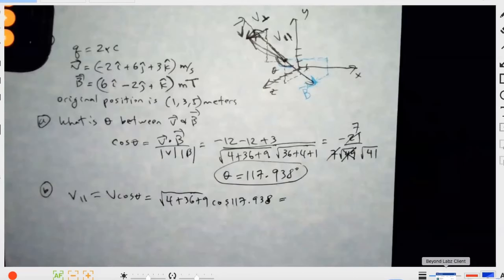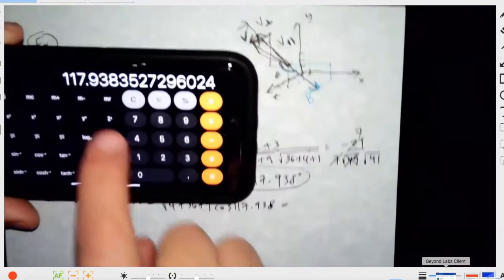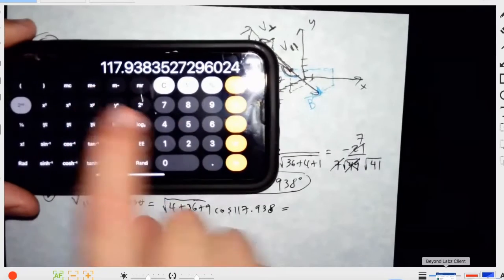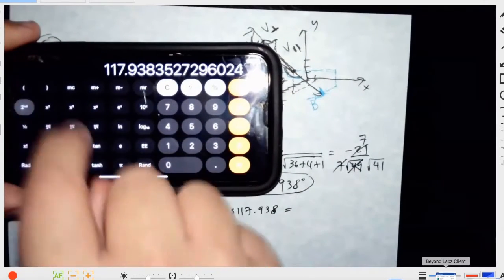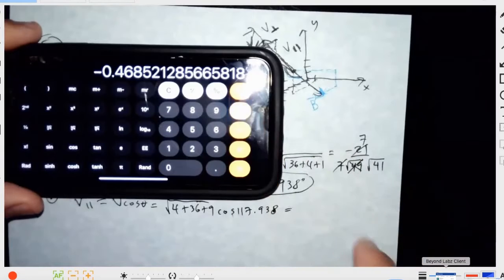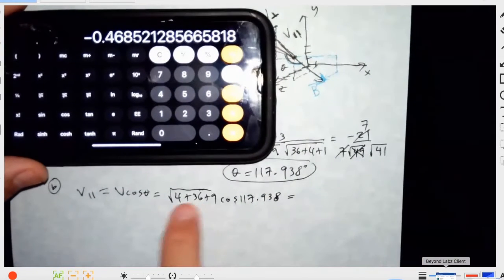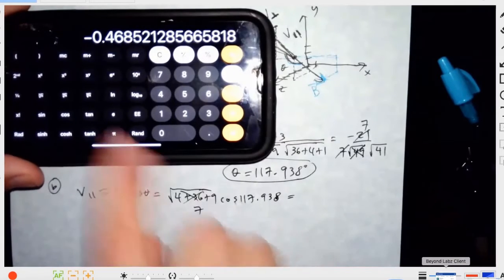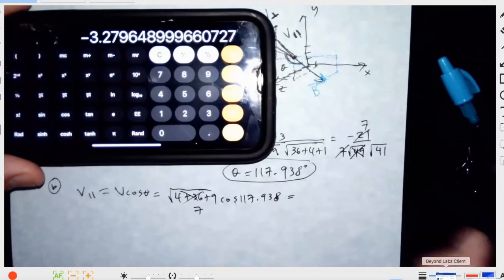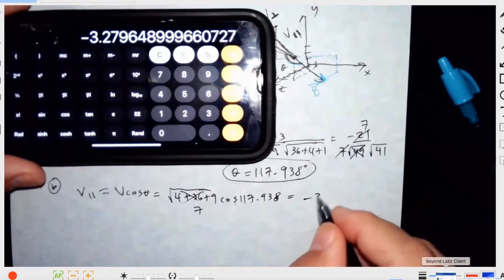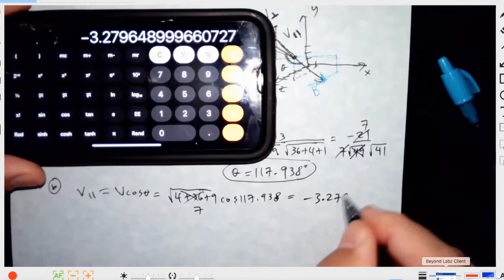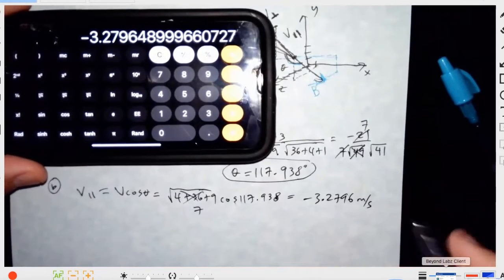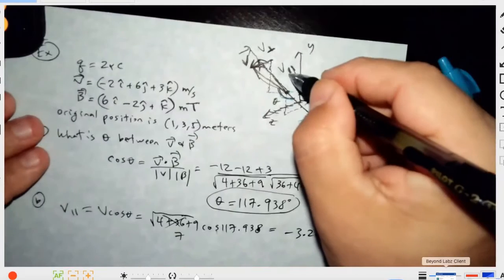The square root of 49 is 7, so the magnitude of the velocity vector is 7. So cosine times 7 is negative 3.2796 meters per second. So that's the parallel component.